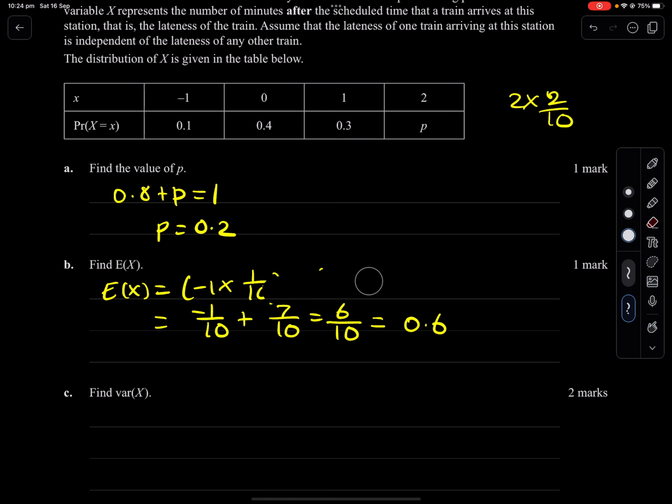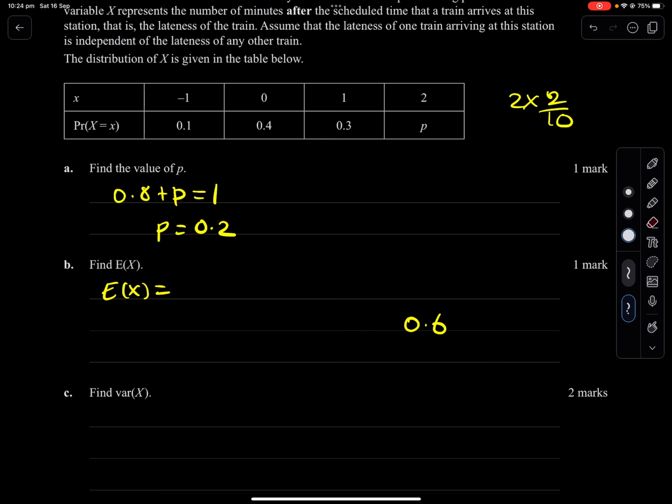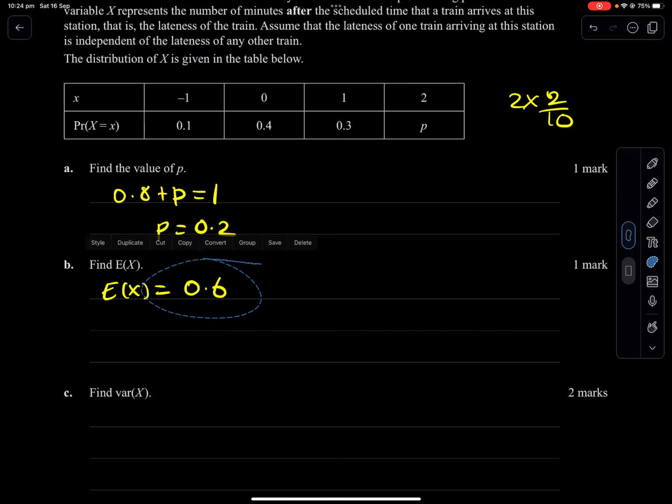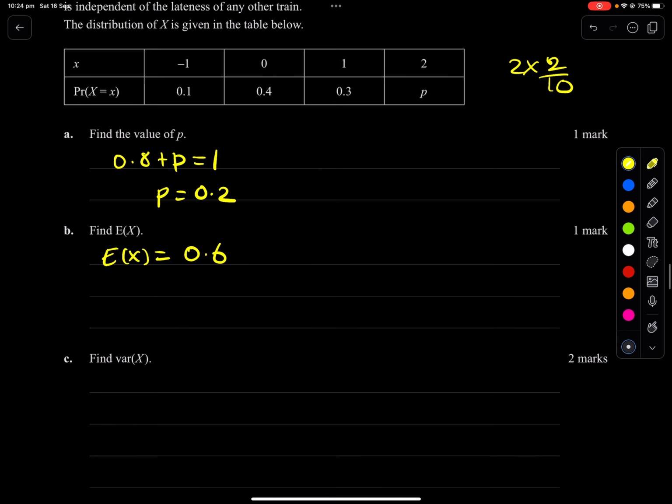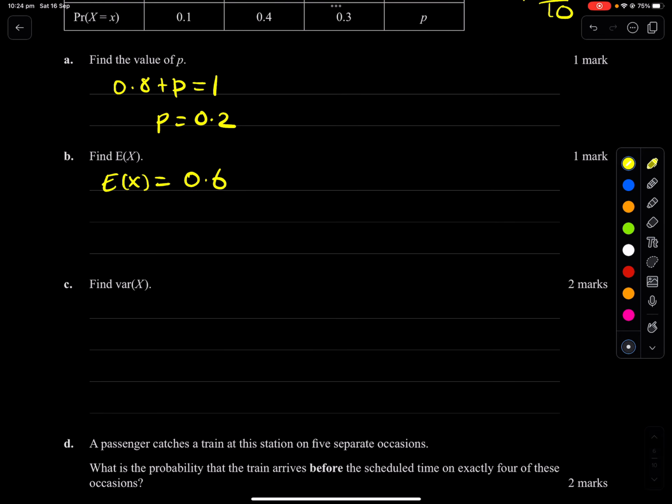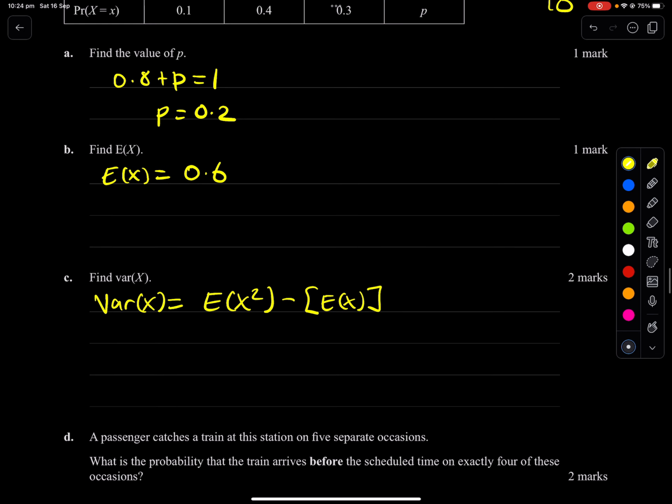Well, we just need the answer. I'm just going to put 0.6. That's that. 0.6 is your expected value. What's your variance? Well, variance is the expected value of x squared minus the expected value, all squared.